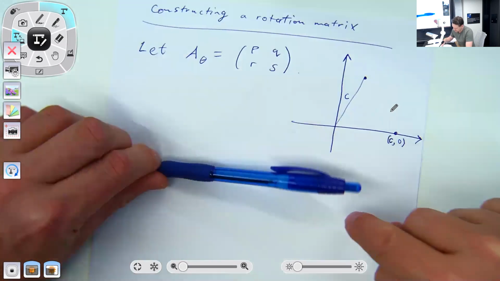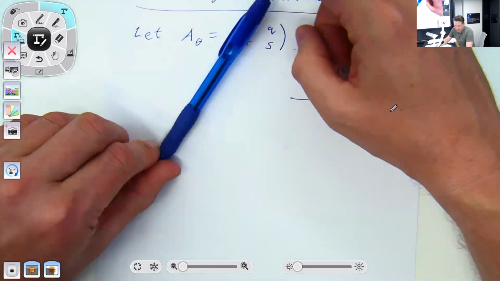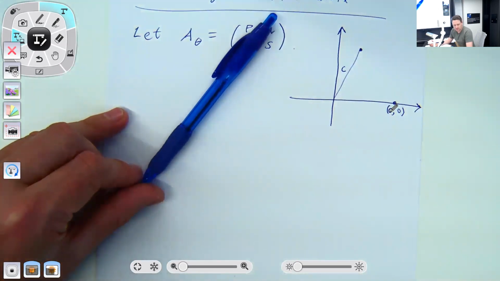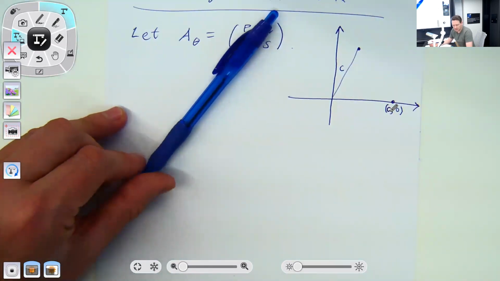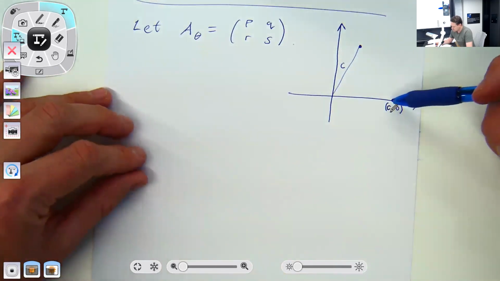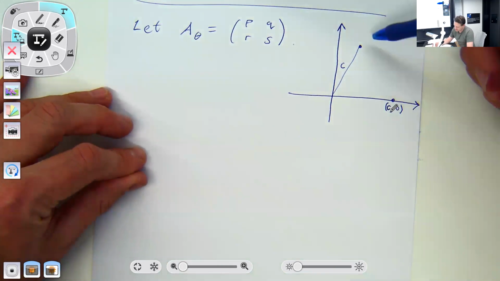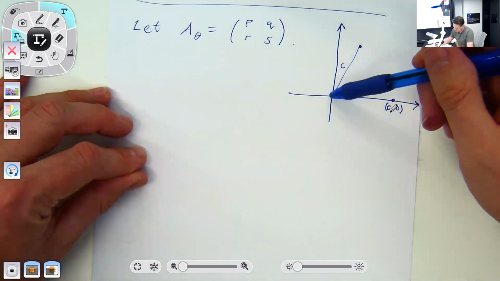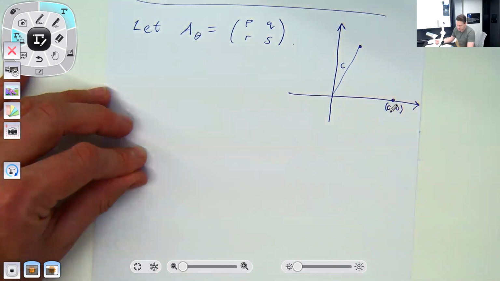Has the length of my pen changed? No, it hasn't. So the distance between this point and this point is the same as the distance between this point and this point, because I'm doing a rotation.